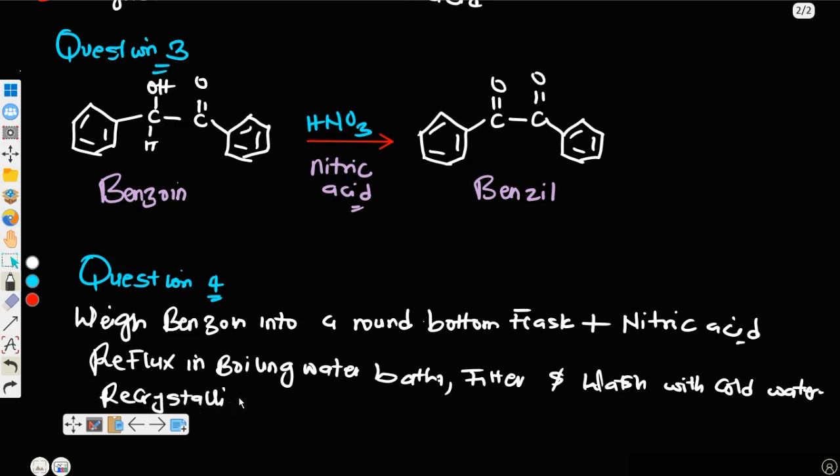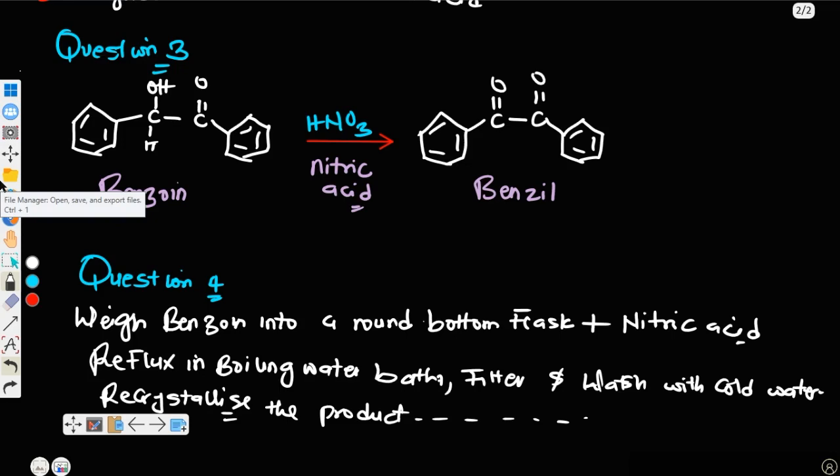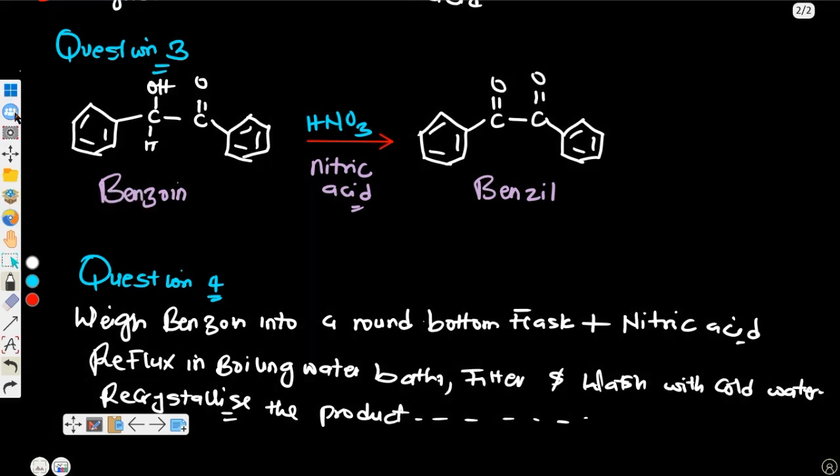Recrystallize the product formed with methylated spirit. Dry, weigh, and characterize it by determining the melting point. All right, the percentage purity and the melting point. So that is that for that one.